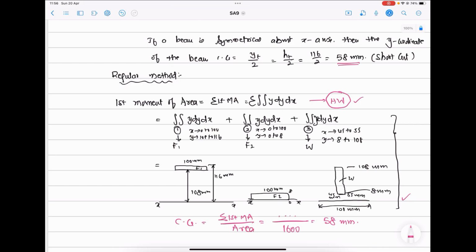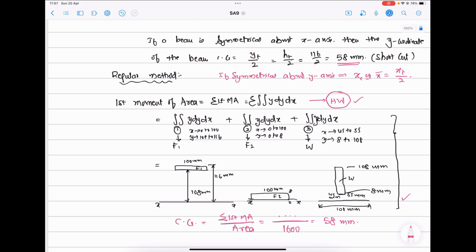If it is symmetrical about the y axis, you will get xc or x bar equal to xt by 2. Please remember this. Whenever there is a symmetry, you can directly apply this formula.